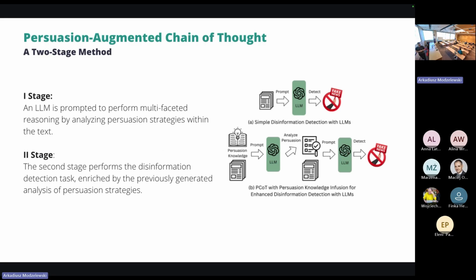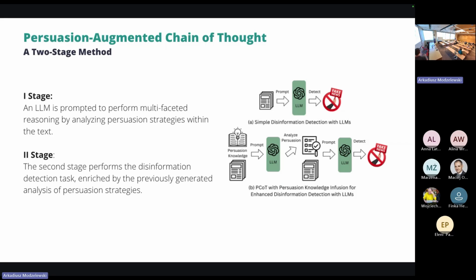Persuasion augmented chain of thought is actually something simple. And we can show it in two simple steps. There are two main stages of persuasion augmented chain of thought. In the first stage, we use persuasion knowledge, and we pass persuasion knowledge with the articles that we want to analyze to large language models, and we prompt them to get an analysis of persuasion.